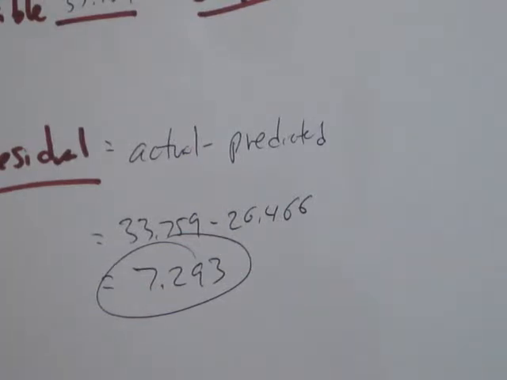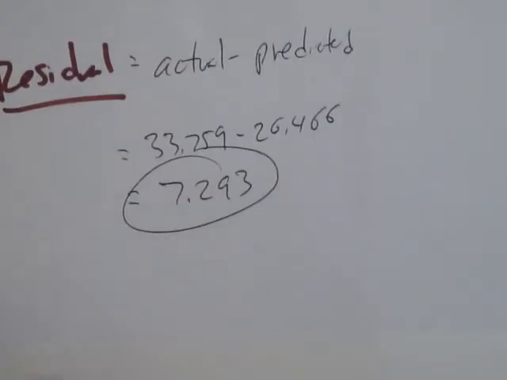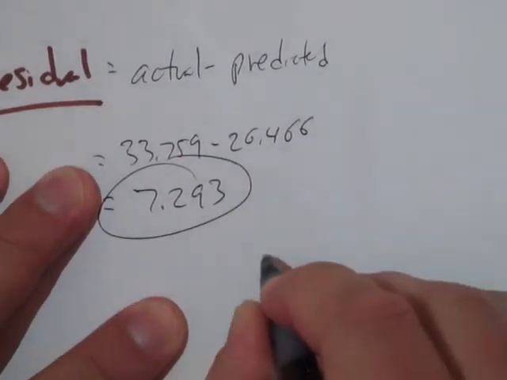Now if you remember how the residuals work, as to whether they're being positive or negative, if it's a positive residual, does that mean that our prediction is higher or lower than the actual value? I've always got to draw a picture for this. So this time I'll draw a curve.